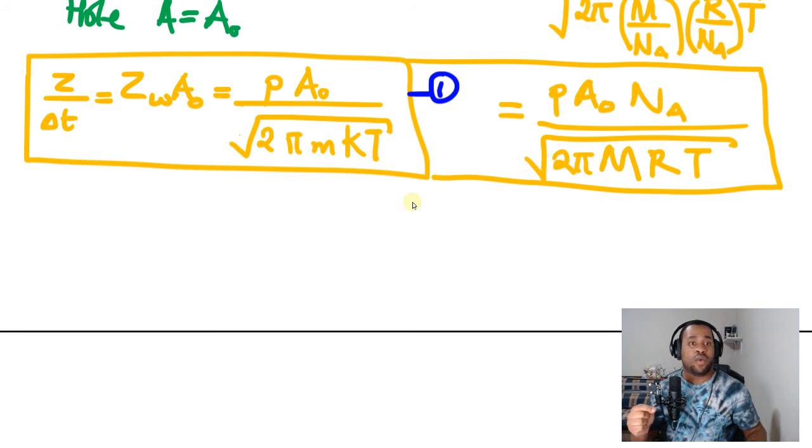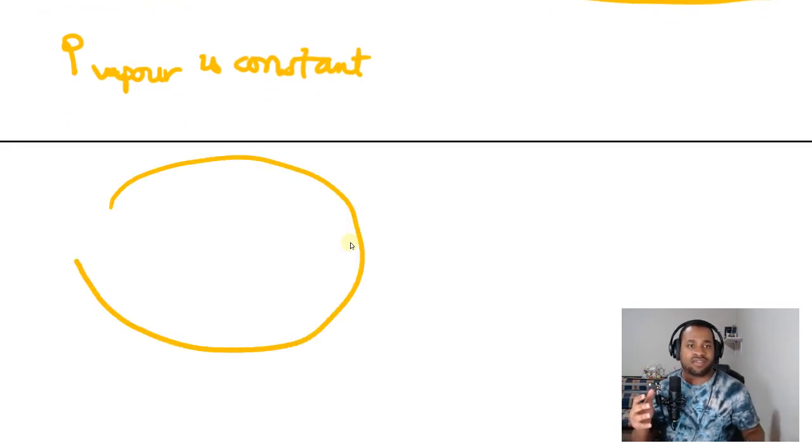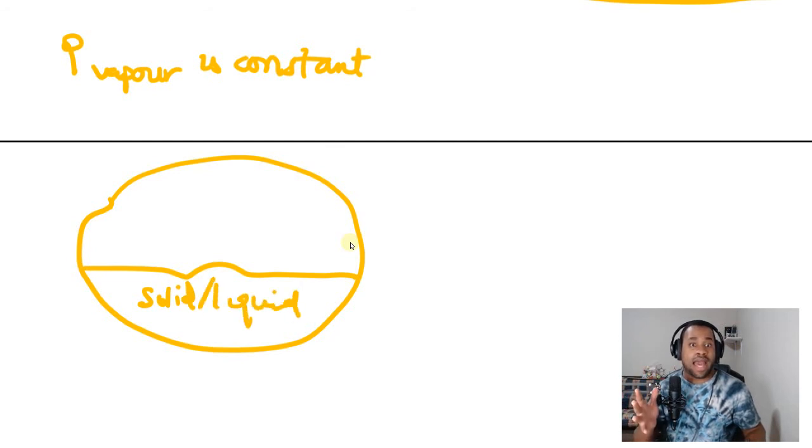And so therefore, we have the vapor pressure to be constant. And what do I mean by constant? It means that in this case, when we have a specific cell, which we are going to represent as this, and either this part here is a solid, a hot one, or a liquid, and in this part here we have a system that has pressure, that is vapor pressure, acting everywhere around the top region.